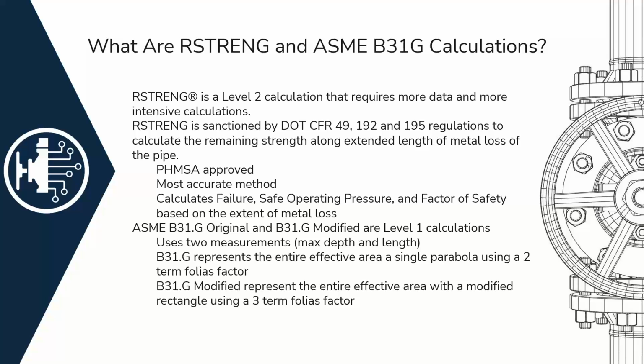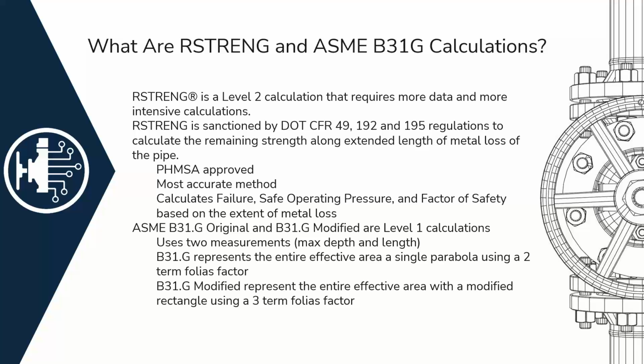I just want to let you know that what differentiates RSTRENG from the others is that it's a level 2, whereas the ASME B31G, the original and the modified, were level 1s. What's the difference between a level 1 and a level 2?